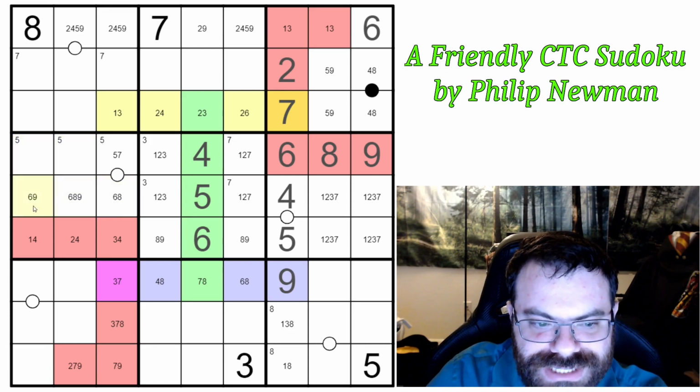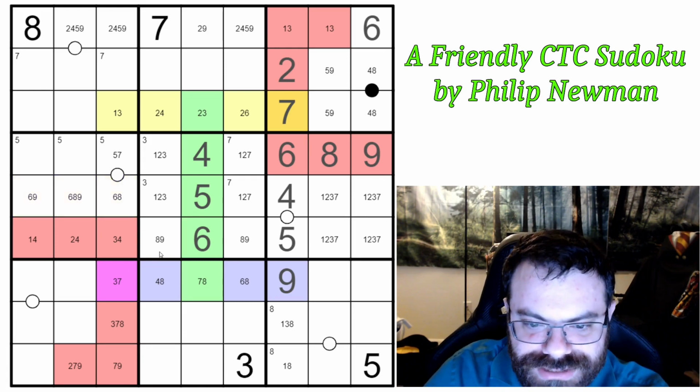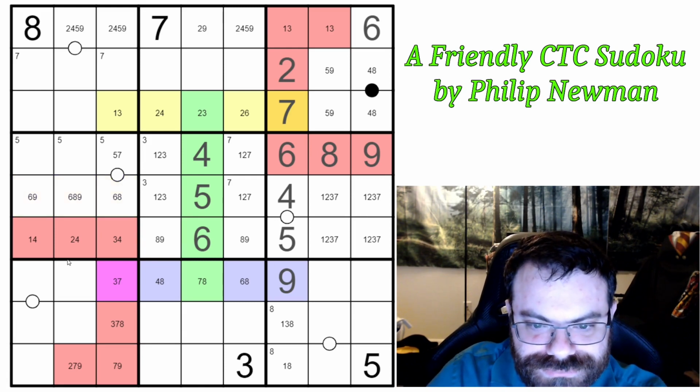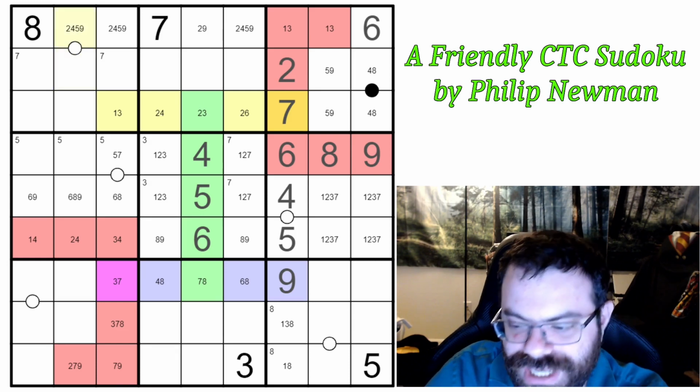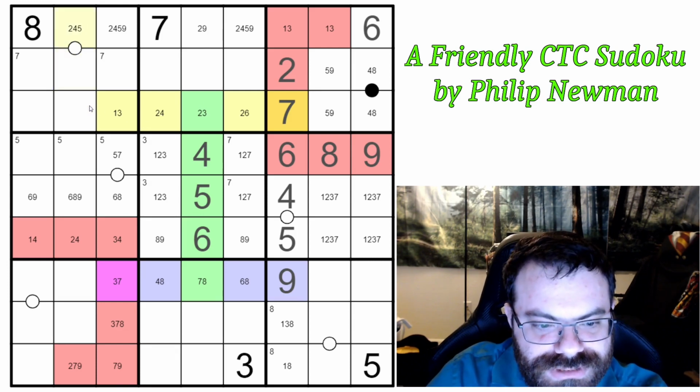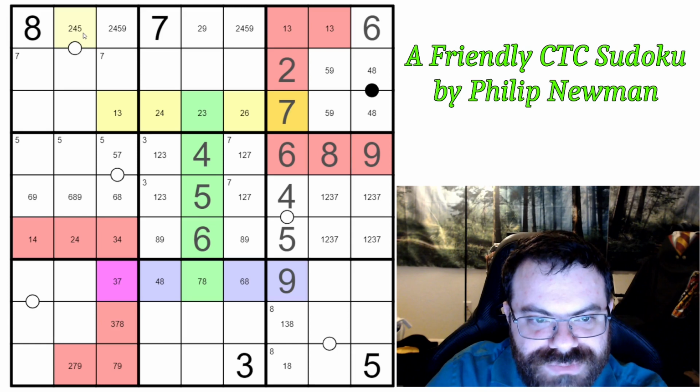Yeah, all that tells me is that this is the 6, 8, 9, right? That. Okay. Well, okay, this can't be 9 because it has to be next to an 8. There's an 8 in the box. So maybe that's helpful.